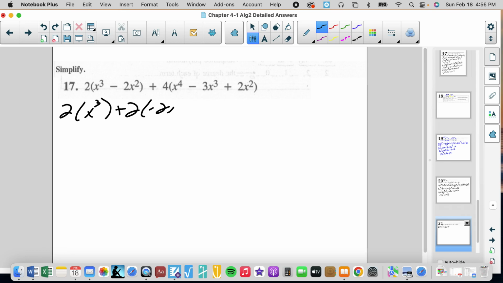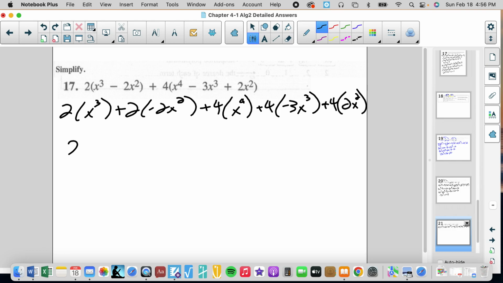Negative 2x squared plus we're distributing a 4 to x to the 4th. We're distributing a 4 to negative 3x cubed. We're distributing a 4 to 2x squared. That's 2x cubed minus 4x squared plus 4x to the 4th minus 12x to the 3rd plus 8x squared.